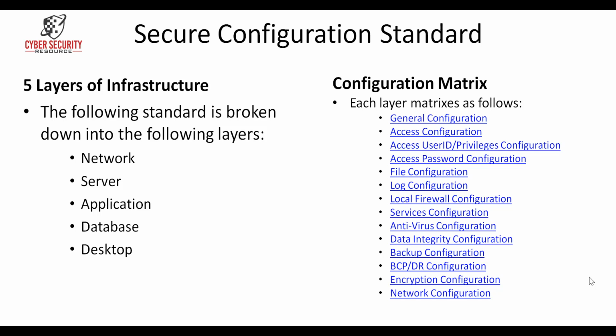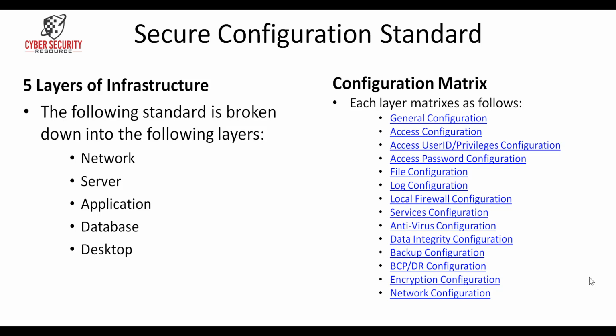And so we're going to create some standard configurations across all of those. We're going to use this configuration matrix across all of those layers to set some guidelines, set some standards for the implementation of these components for the enterprise and for the organization.